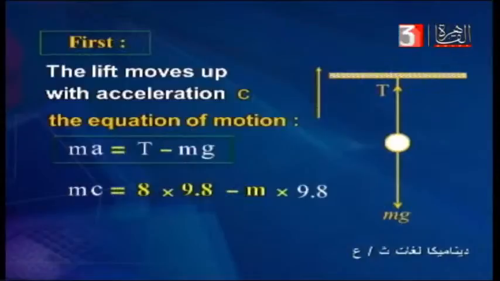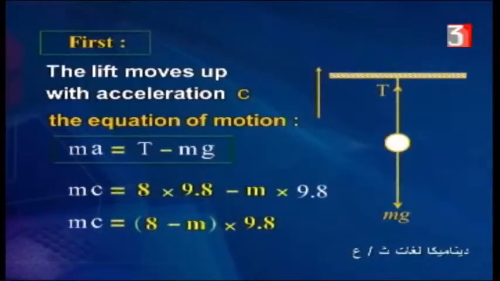Then mc equals 8 times 9.8 minus the mass m multiply g, where g equals 9.8 meter per second squared. We can take 9.8 as a common factor in the right hand side. Then mc equals the bracket 8 minus m multiplied by 9.8. This equation is equation number 1.